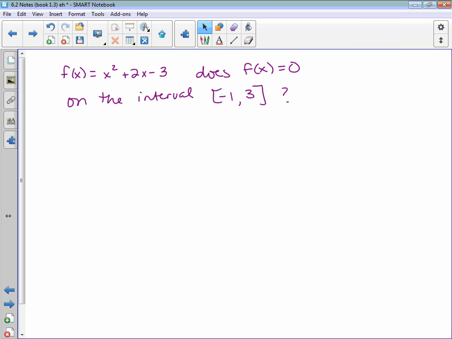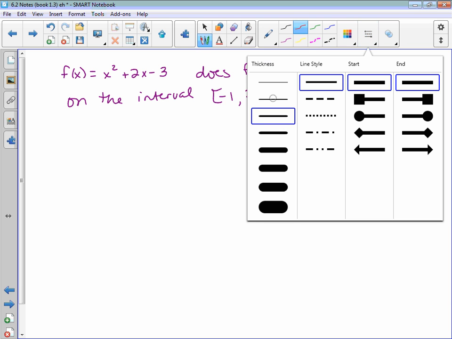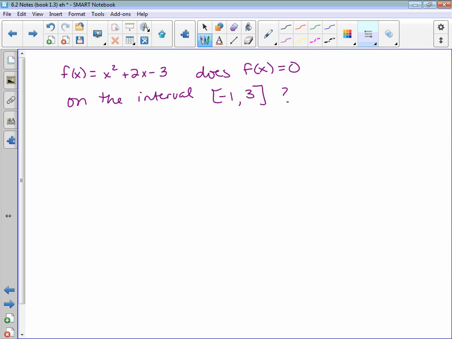So, first thing you're always going to do is look at these two endpoints. We've got a -1 and a 3. I'm going to find f of -1, and I'm going to find f of 3. So if I plug a -1 in there, what do I get? -4.